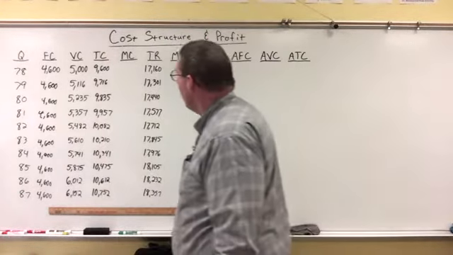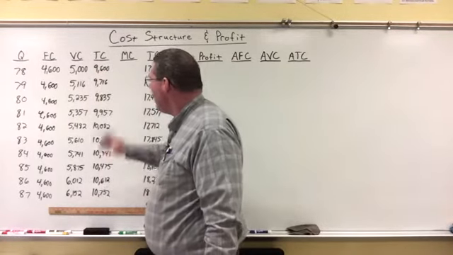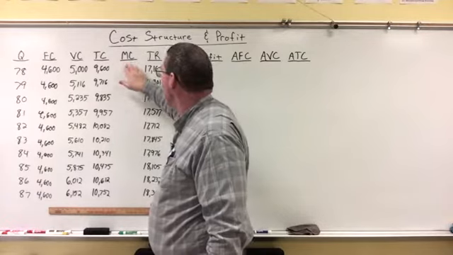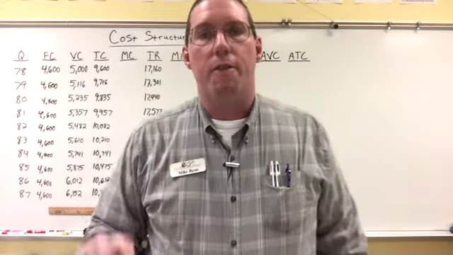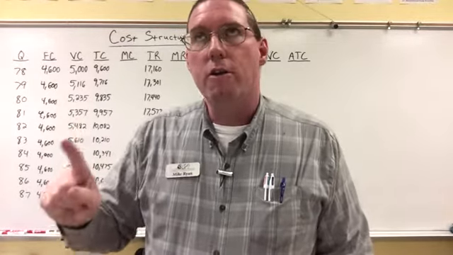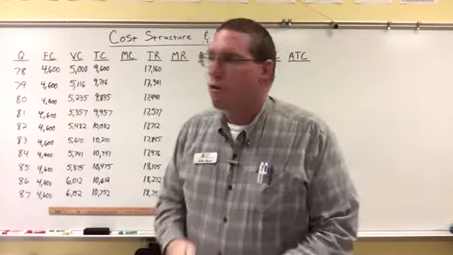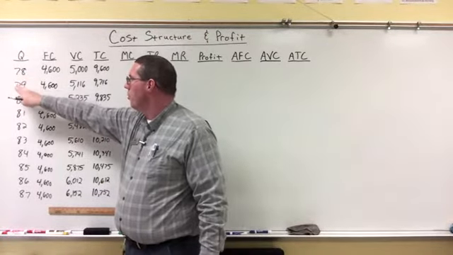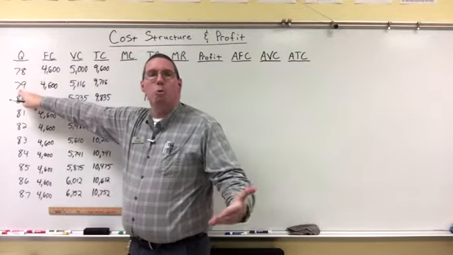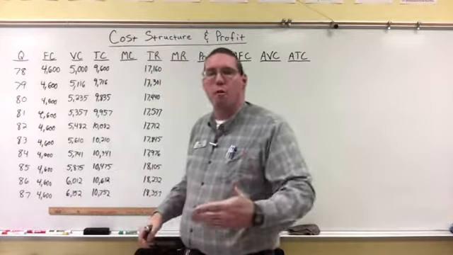And now that we have our column that shows all of our total cost, now we can start to understand marginal cost. Now remember, marginal cost is the increase in total cost from producing one more unit. So if we're already at 78 and we want to produce one more unit to 79, how much would our costs go up by? How much would total cost go up by?